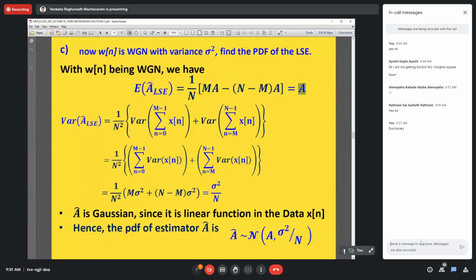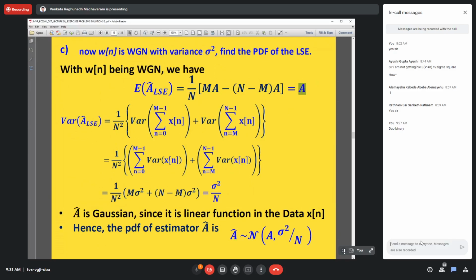So this is A. What about the variance? Substitute 1 by n squared times the variance of xn for these two sets of samples. So it's the variance of xn summed from 0 to m minus 1, plus the variance of xn from m to n minus 1. So m sigma squared plus n minus m sigma squared.